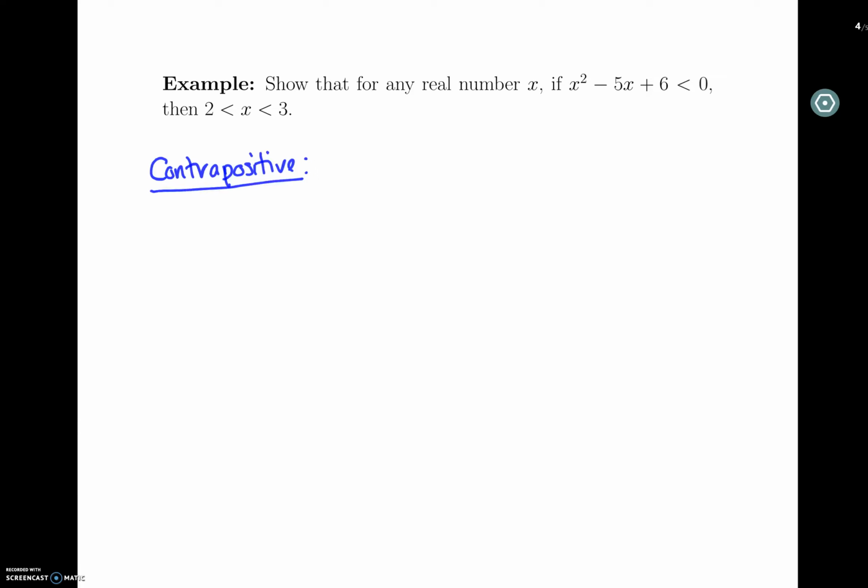Which would be: if x is less than or equal to 2, or x is greater than or equal to 3, then x squared minus 5x plus 6 is greater than or equal to 0. Again, this sets us up for cases.